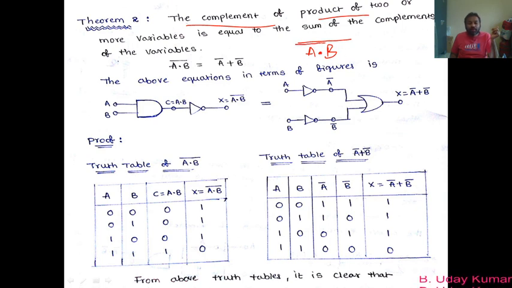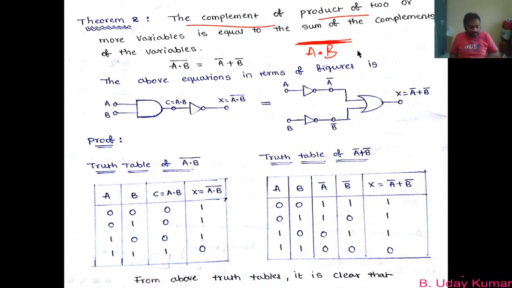The complement of the product of two variables. Actually there will be only one bar, not two lines here. So the complement of the product of two variables is denoted by A dot B bar.